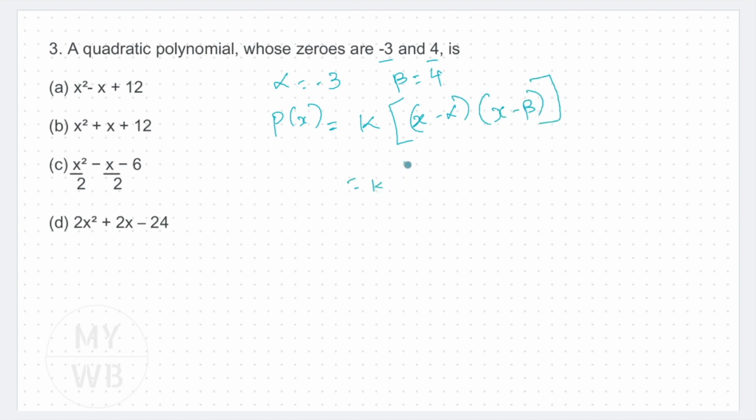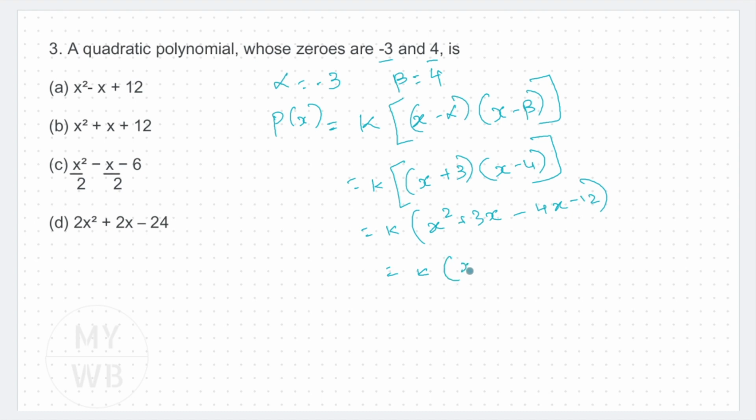So just substitute the two zeros. x minus of minus 3 will be x plus 3, into x minus 4. So simplifying this, you will get x square plus 3x minus 4x minus 12, which is x square minus x minus 12.